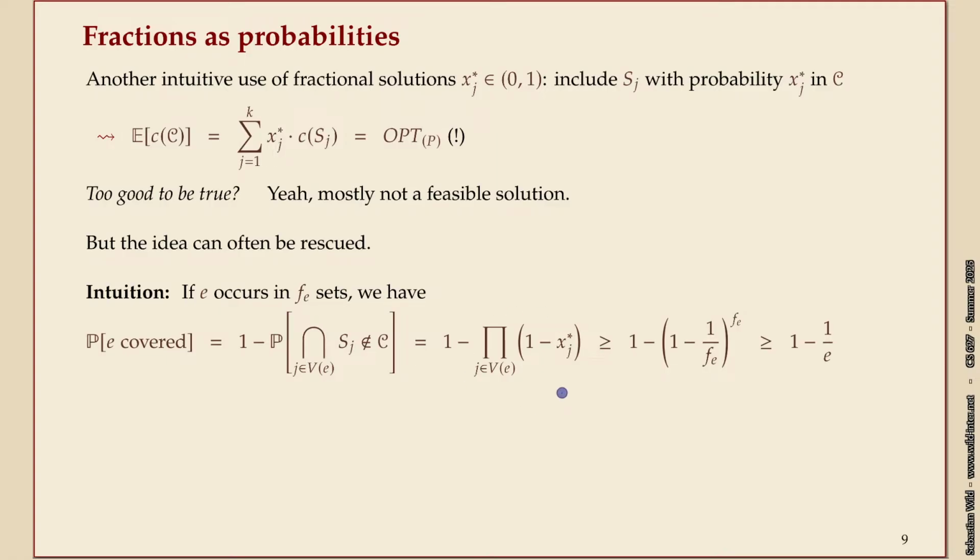Such a product is always minimized, because it's kind of a convexity argument. It's minimized when you have the same value for all the x_j's. And in particular here, because they're between 0 and 1, you're using convexity and the constraint that all these have to sum to at least 1 to bound it like this.